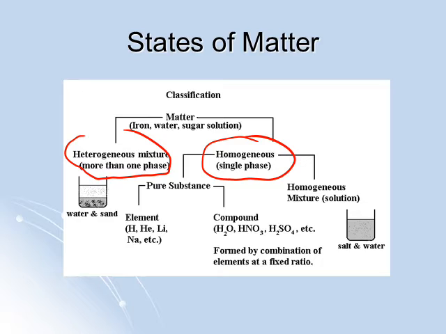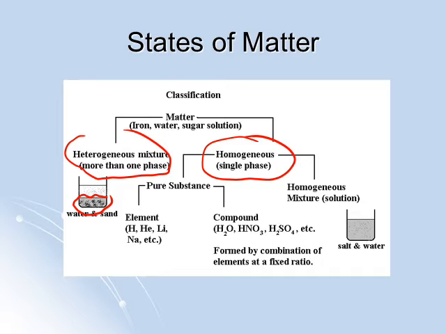For example, if you have water and sand mixed together, just by looking at the beaker, you can quickly tell that there are two different phases, because sand would make one phase, which in this case is sitting at the bottom, and water is sitting on the top. So that's more than one phase, and that's why it's a heterogeneous mixture.